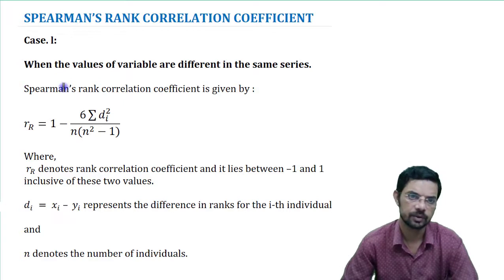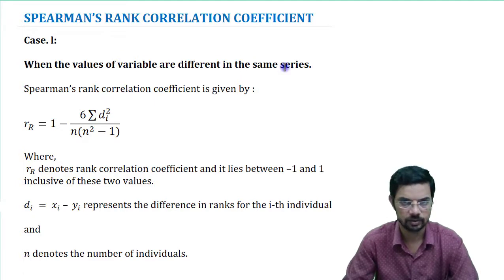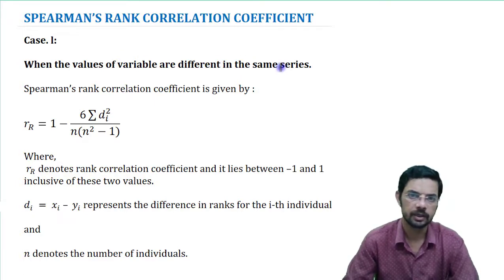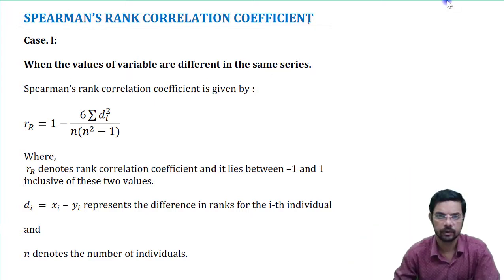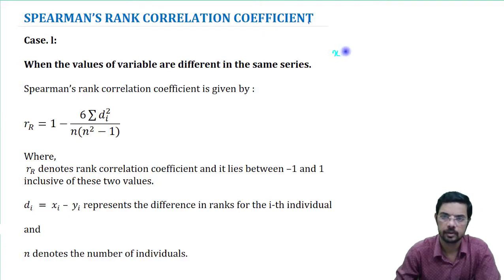The first case is when there is no tie between any of the ranks in a particular variable, when the values of the variable are different in the same series. Say for example, the two variables are x and y.